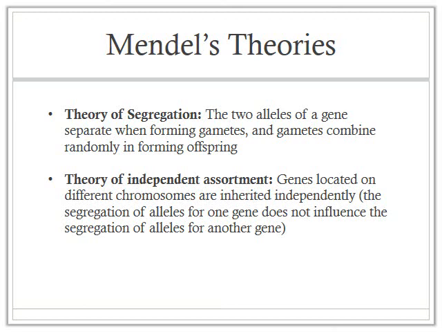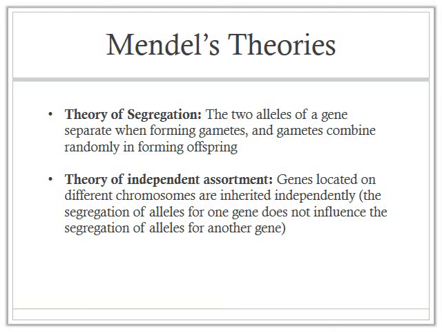The next theory, Mendel's theory of independent assortment. Genes located on different chromosomes are inherited independently. The segregation of alleles for one gene does not influence the segregation of alleles on the other gene.